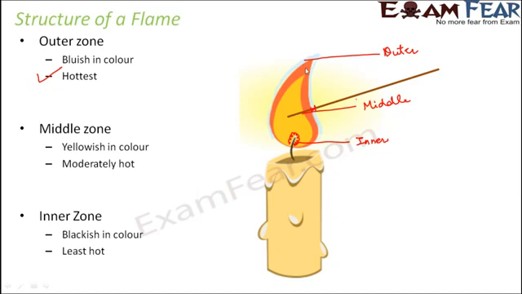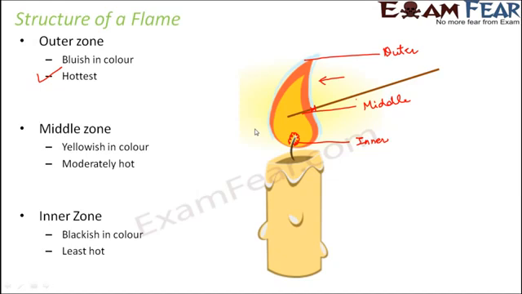That is why when you slowly try to bring your finger near the flame of the candle, you feel hot, because as you approach this outer zone, you tend to feel more hot. But you would have seen a very common trick where people pass their finger through the inner zone of the candle flame very quickly and everybody else gets amazed seeing that.